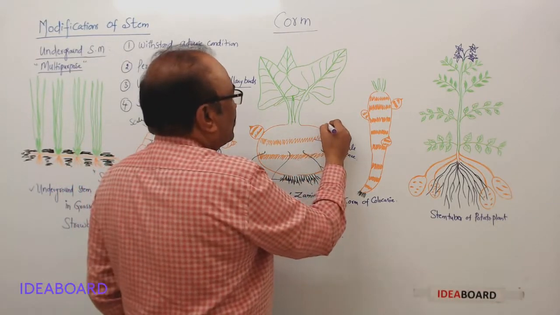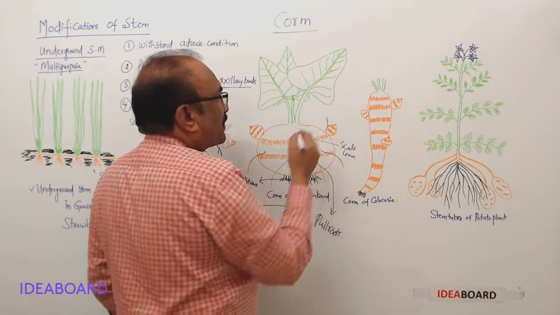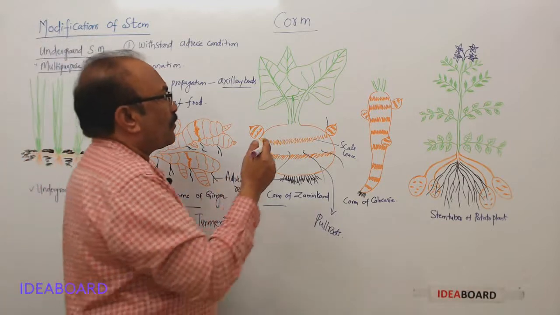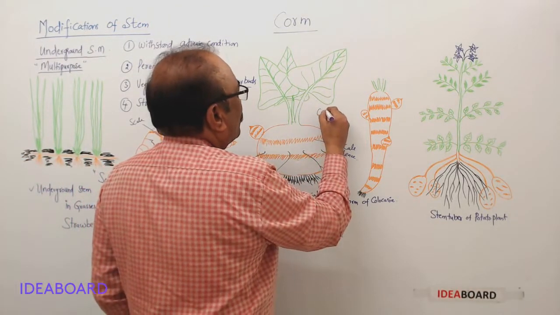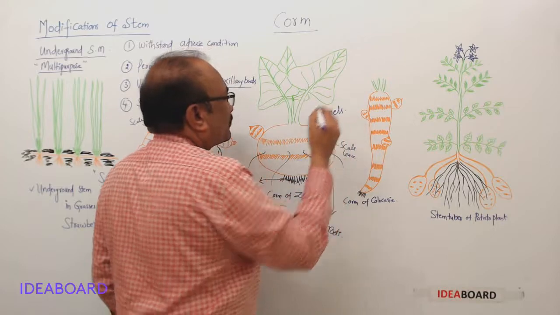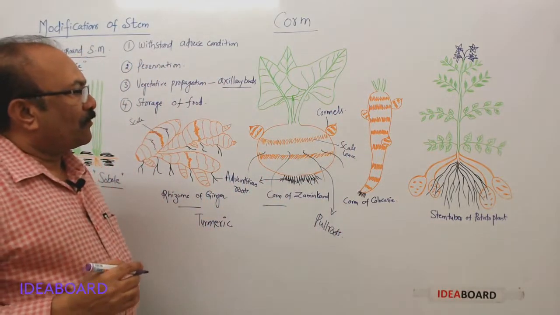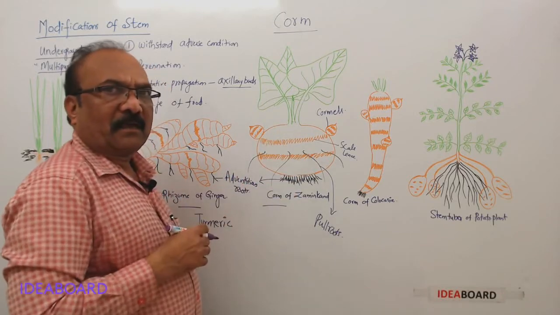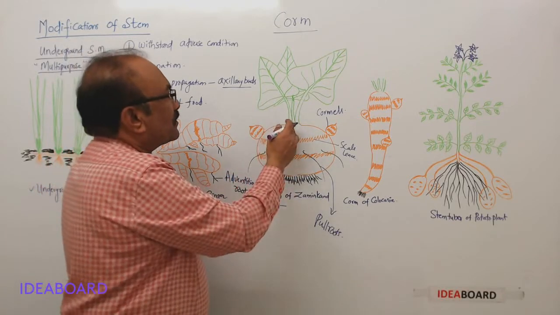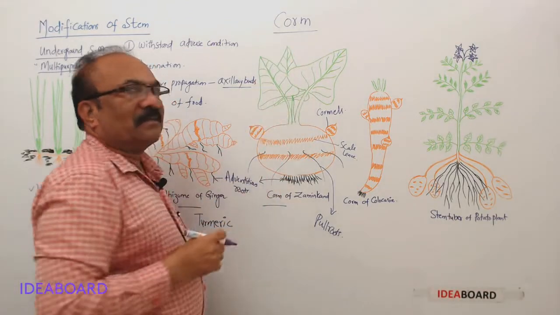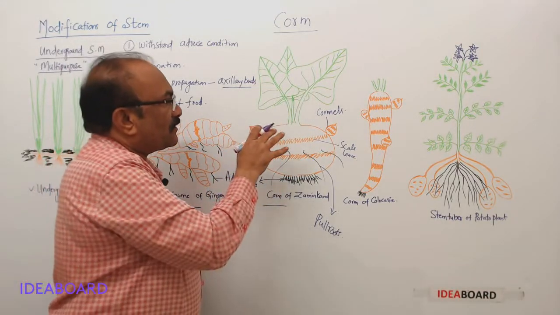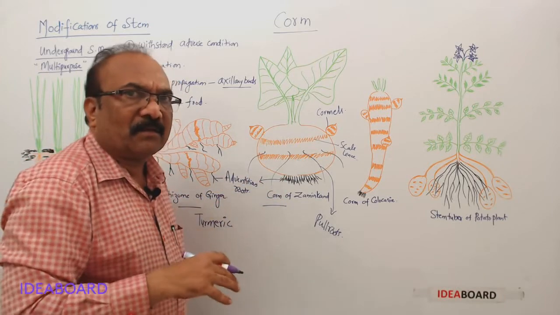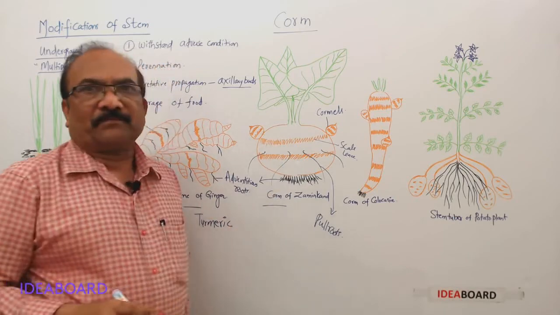And I do one thing here. This is the axillary bud that is developing into a daughter corm. These daughter corms are generally called cormels. And this will grow vertically. Whenever the aerial shoot comes out, this corm will remain at the same depth in the soil with the help of these pull roots.